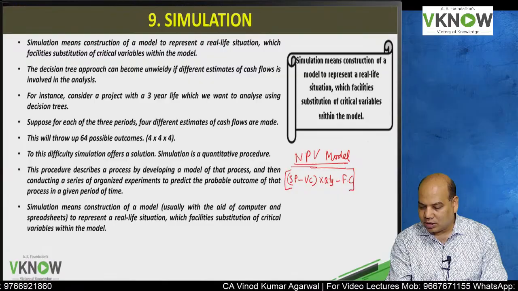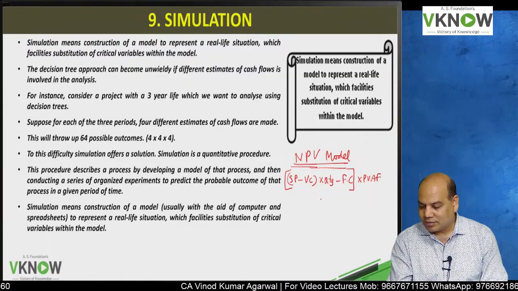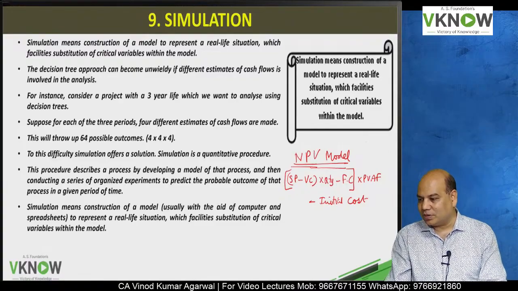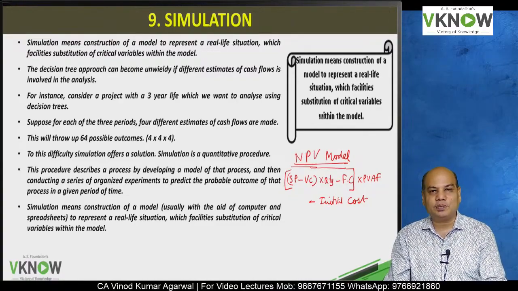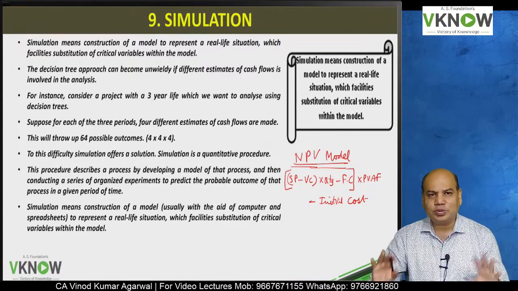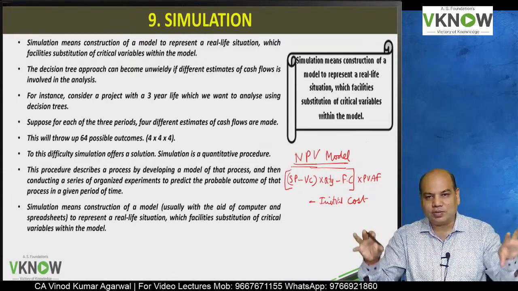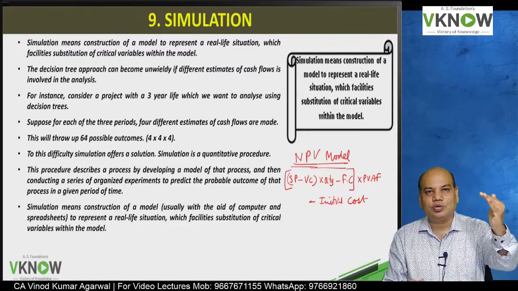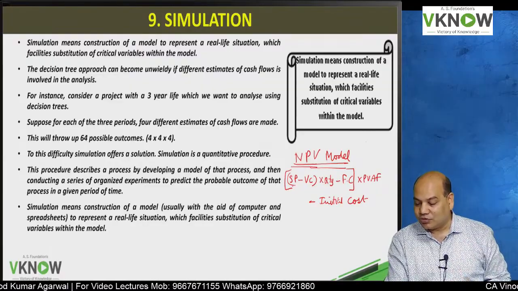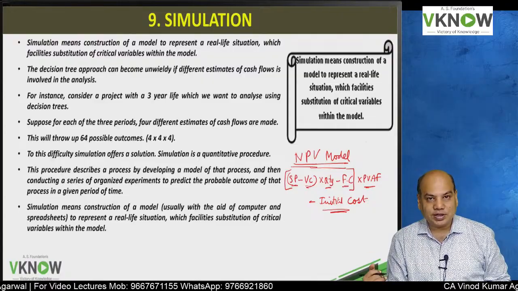That will give me annual cash flow, into PV annuity factor, minus initial investment. This is just a simple example, because we can introduce depreciation also, taxation also, salvage value also, so many things. So whatever your variables are, you define them and you make a mathematical model. Now if I change any variable here, my NPV will change.